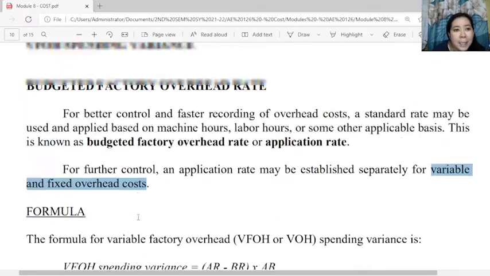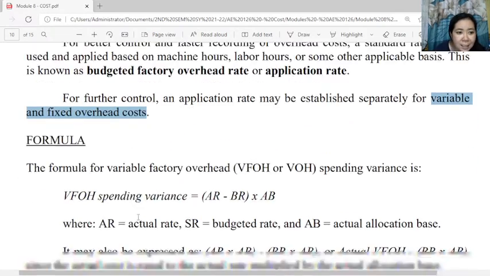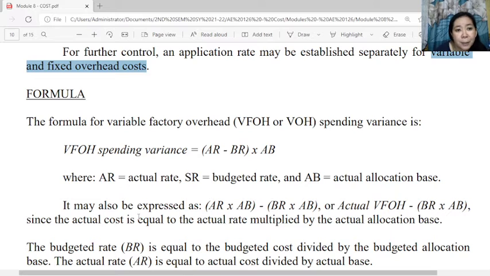Okay, for our spending variance, the formula for variable factory overhead spending variance, as also presented earlier, is the actual rate minus the budgeted rate, or standard rate. The other term for standard is budgeted. Okay, and then we will multiply it with the actual allocation base.